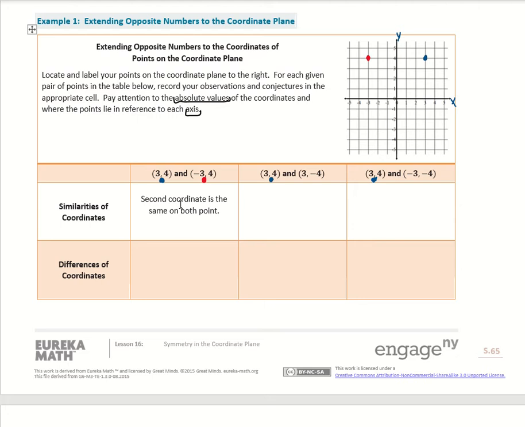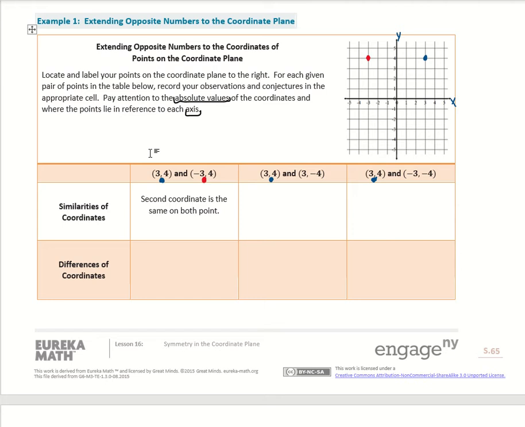I can't really see anything else that's similar between them at first glance. But then I remember the instructions. It says to remember to pay attention to those absolute values. So I'm going to look at these absolute values real quick. The absolute value of 3 is 3. The absolute value of -3, well, that's also 3.